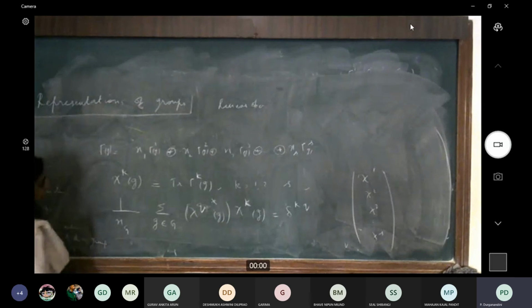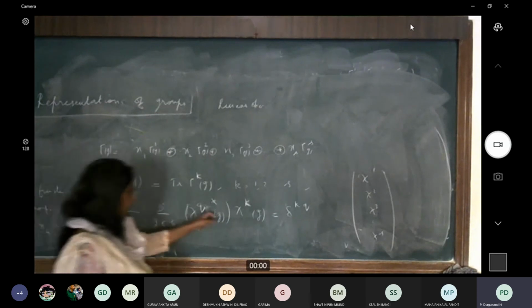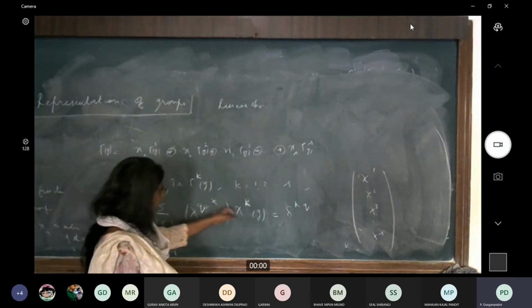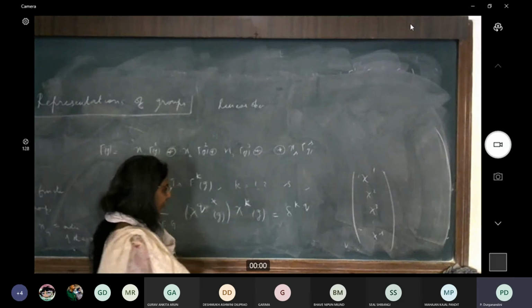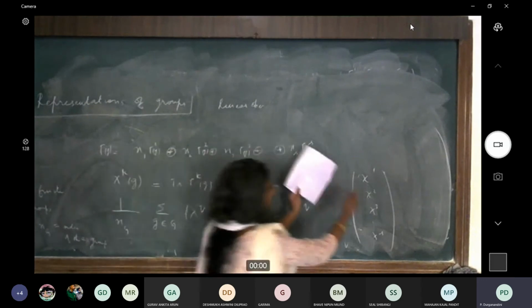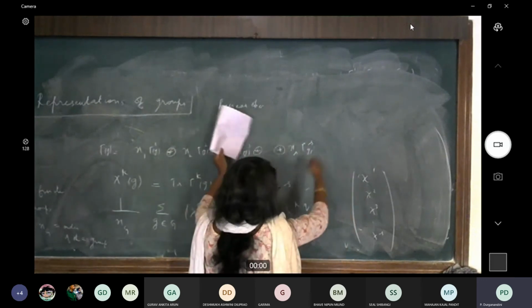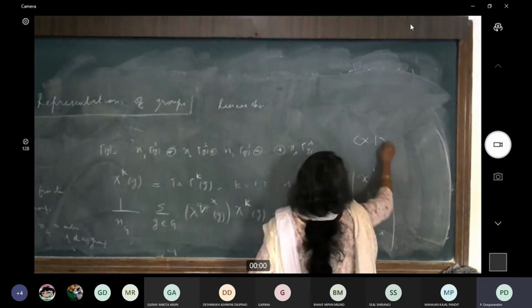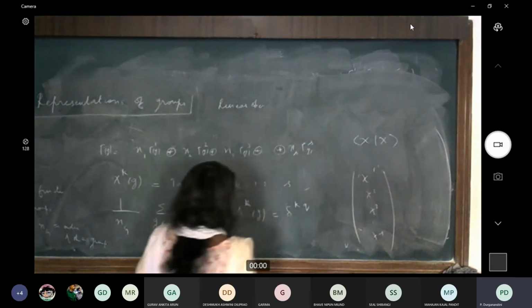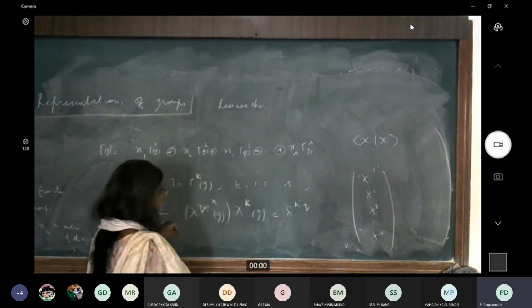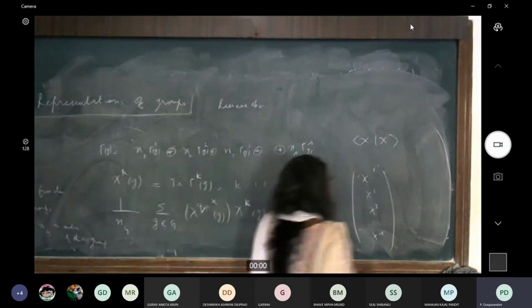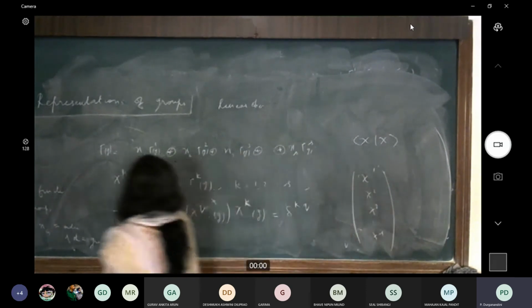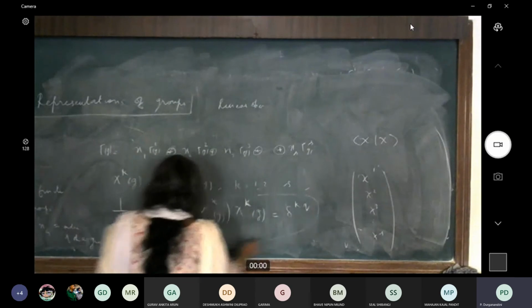You have interesting relations like this: if I sum over the characters, chi q star, chi k of G, it's as if I'm taking this and taking the corresponding row, and then summing over all the group elements. Remember that. Then this is known as an orthogonality relation for the characters.